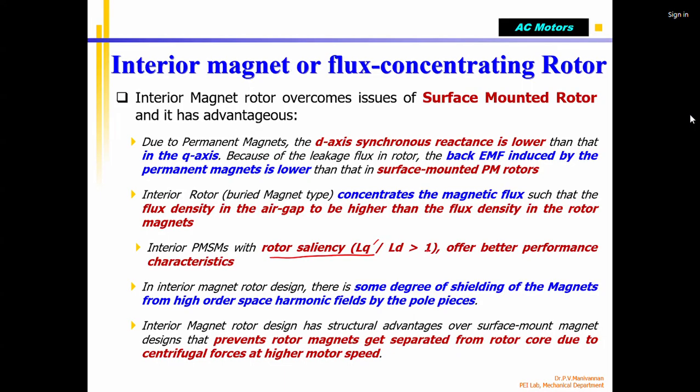If this is greater than 1, then the rotor has higher saliency. Better performance will be there. Correct? It has a better performance. Rotor saliency is greater than 1, that means LQ divided by LD is greater than 1. That kind of motor provides better performance. Okay, so that also you have to note down.